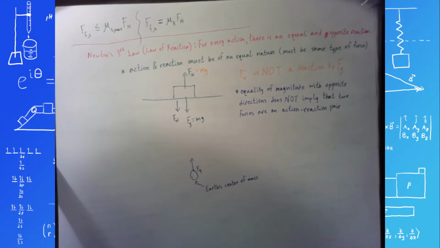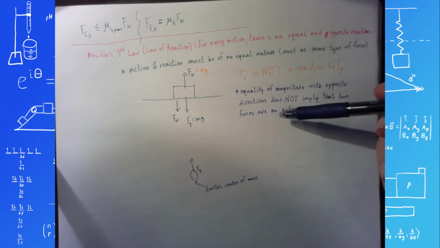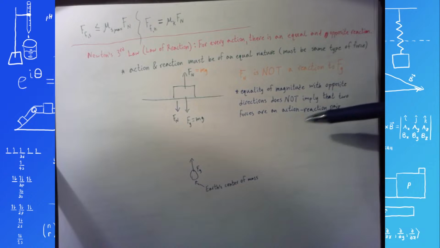But if you go the other way around, if you find two forces that are equal in magnitude and opposite in direction, the logic doesn't work in reverse. That does not imply that the two forces are related in this action-reaction relationship.